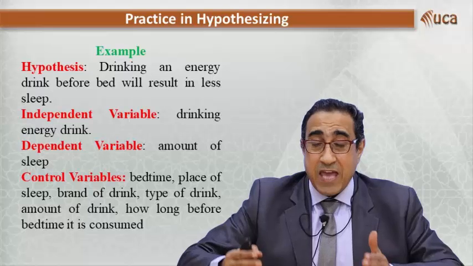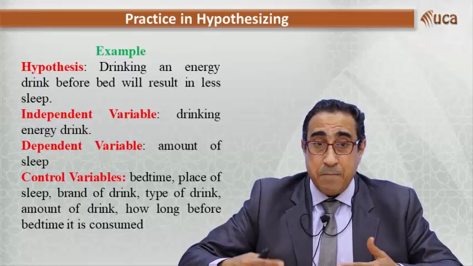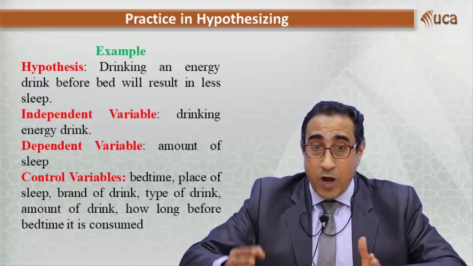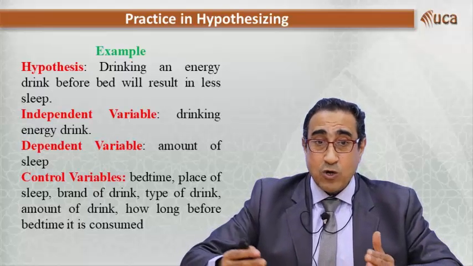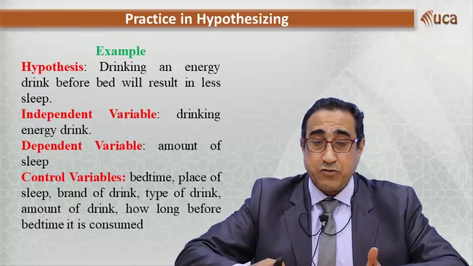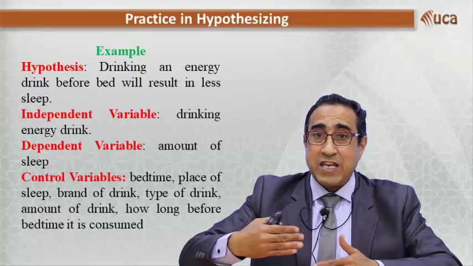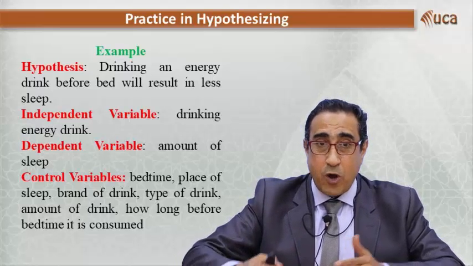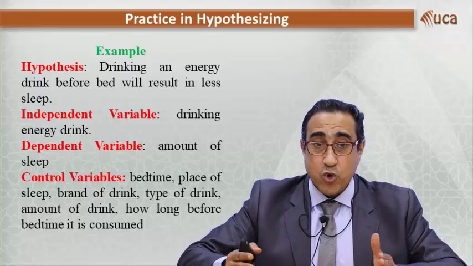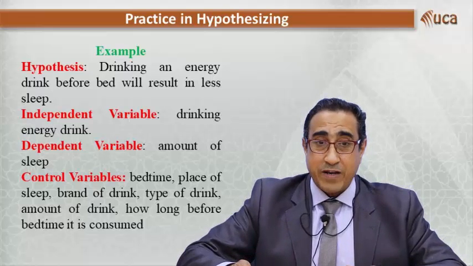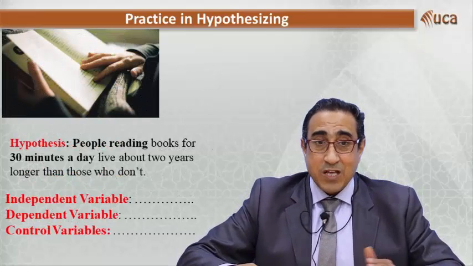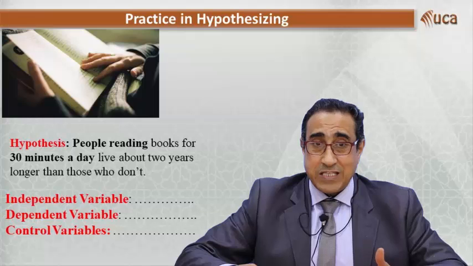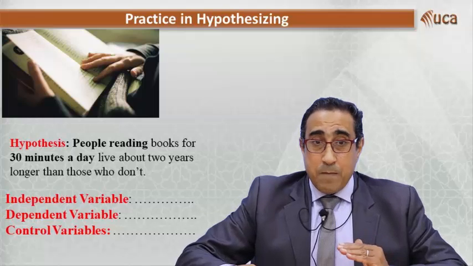It should remain the same. Type of drink, amount of drink: one bottle. It should be given one bottle each time. How long before bedtime? It's not to give the drink 2 hours before and the next time 1 hour before. No, all these should be controlled. So, controlled variables.